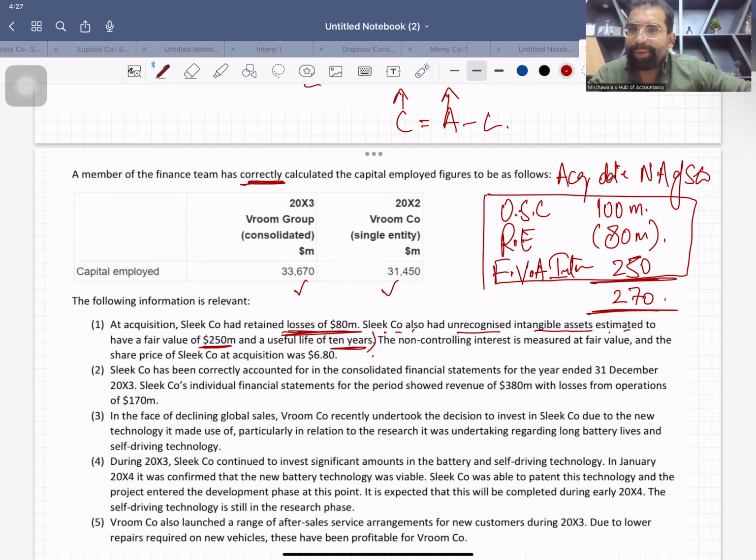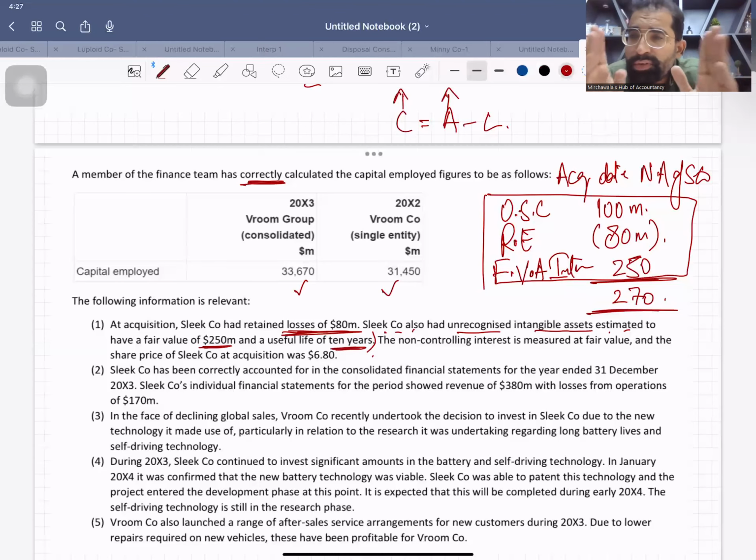But one more technical point, only for active students. When we have done fair value adjustment and the life is 10 years, see that it has a finite life, so there will be excess depreciation. We need to depreciate it because, just think, S company has not yet recognized this intangible asset in the individual books.